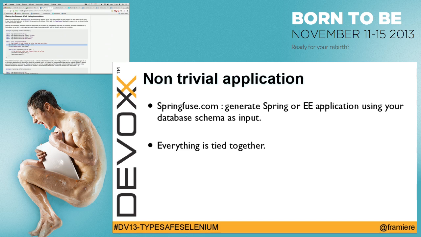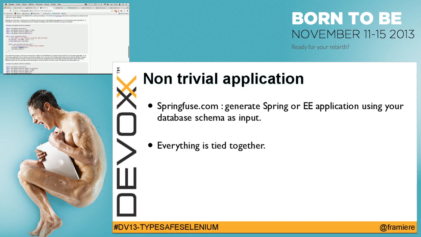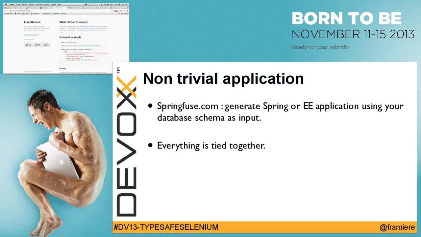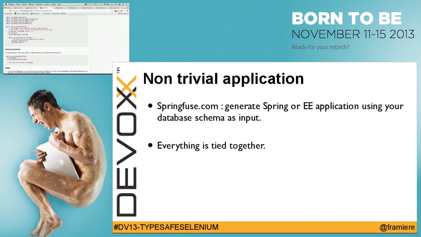Whenever you call the search box, like send keys, it will dynamically go through your DOM and send the keys. So this is pretty interesting, because you will disconnect the structure of your DOM from your tests.